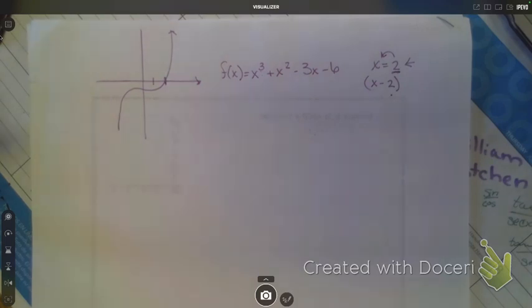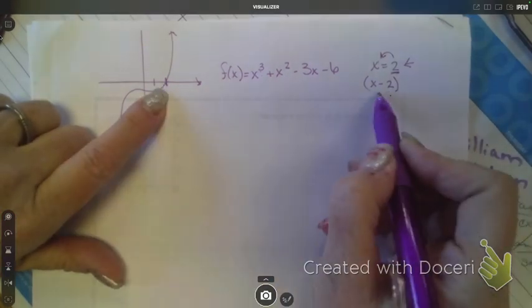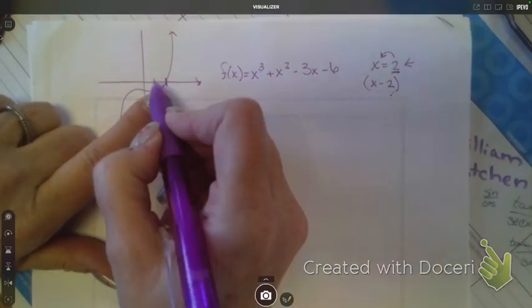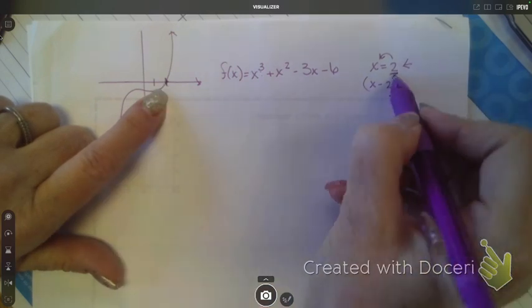No. 16 divided by 5. Is there a remainder? Yes. Is 4 a factor of 16? Yes. Is 5 a factor of 16? No. So I know x minus 2 is a factor because it crosses where? At 2. So we're going to synthetically divide by 2.